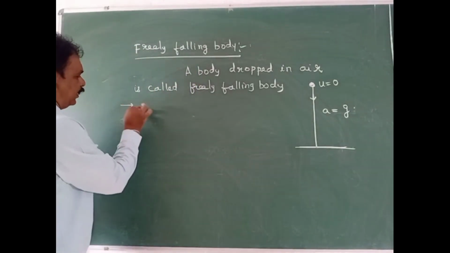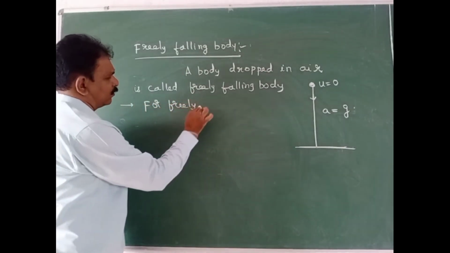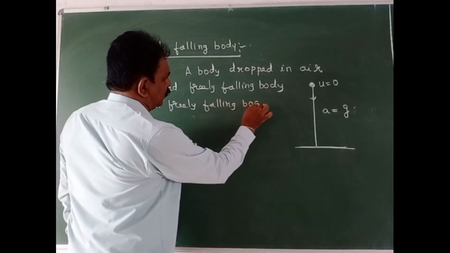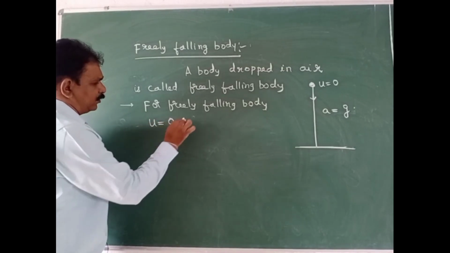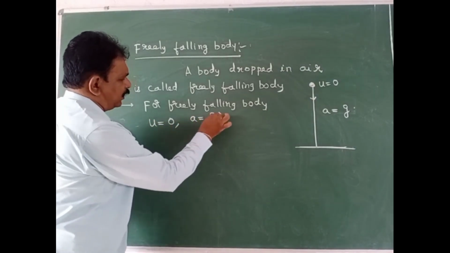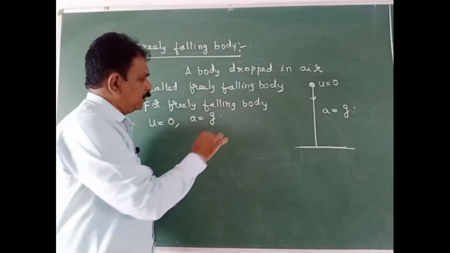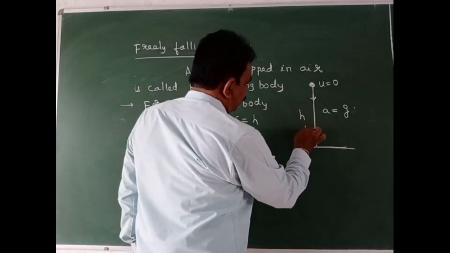So for freely falling body, u is equal to 0, a is equal to g. I am assuming distance travelled by it, let it be h.